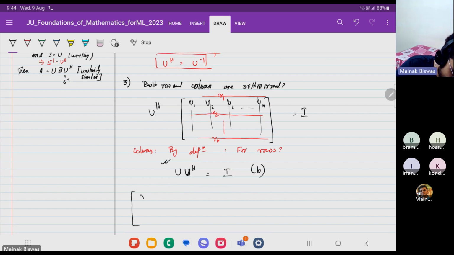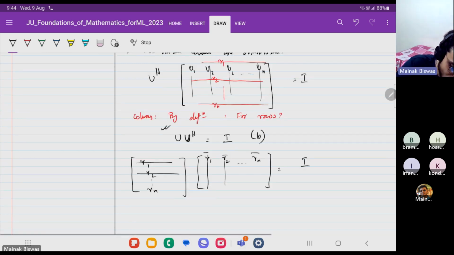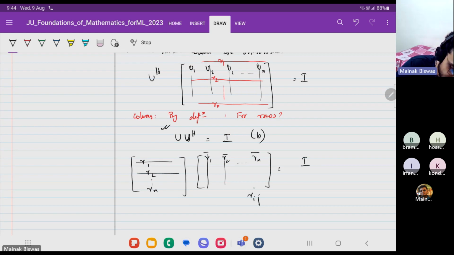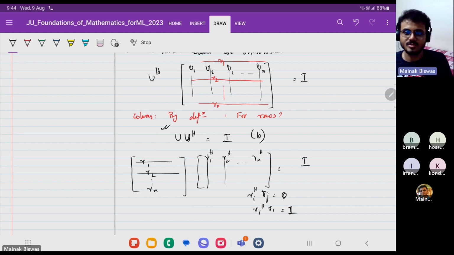Do you see U is row 1, row 2, row n, and U Hermitian is row 1, row 2, row n. And I say that this is equal to I, which means row i, row j is equal to 0 and row i equal to 1. Is it okay? Others?